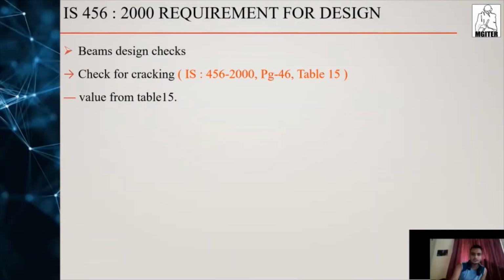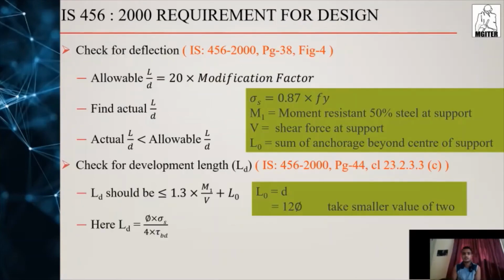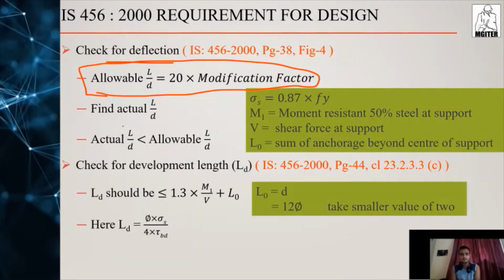Okay, shear reinforcement. Then after that, beam design check for cracking; you have to follow table number 50. This is the first check, for cracking. Then check for deflection. For the deflection, we have to find the allowable length by depth ratio, which is 20 times the modification factor.